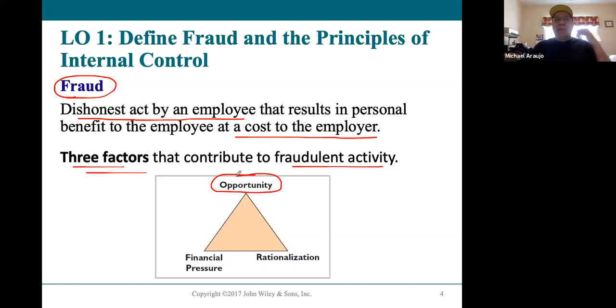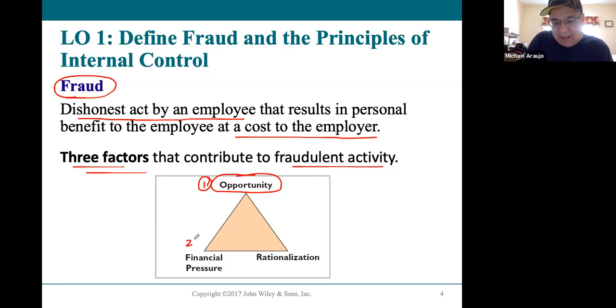Well, anyone who has a chance to handle cash literally has the opportunity to commit fraud, because if you have an opportunity to handle assets like cash or inventory, the opportunity is there to also take it. So the first factor is who's given the opportunity to handle corporate assets like cash, inventory, supplies, et cetera, because that's where it all starts.